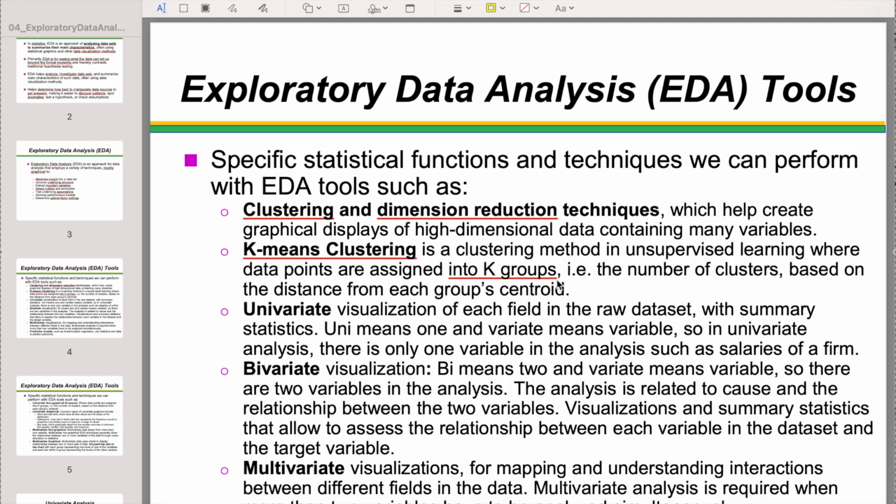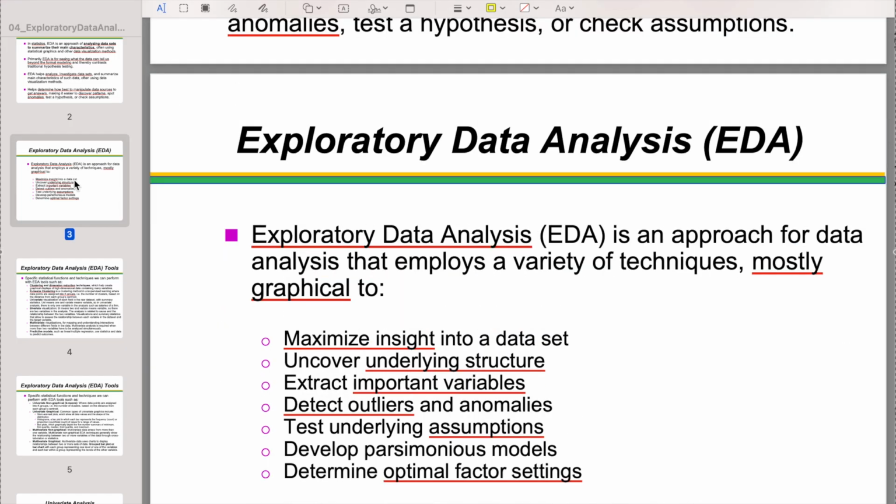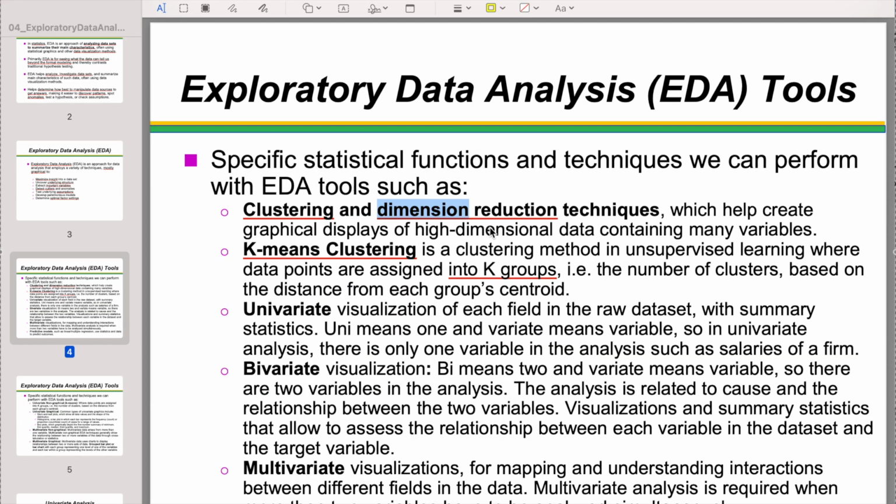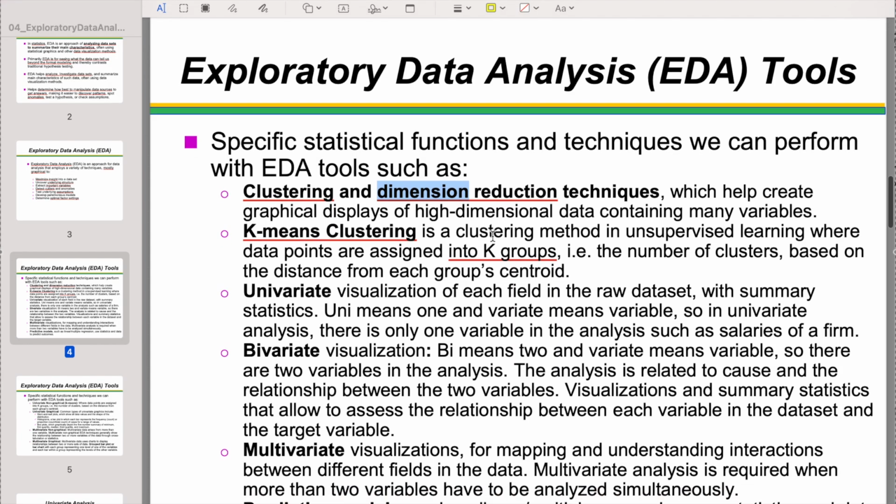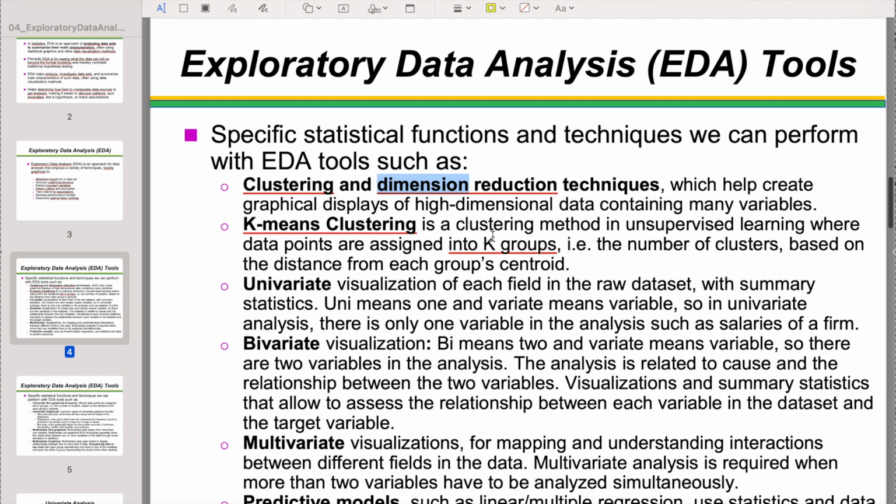Let's say we were talking about medical records of patients. We said there are certain attributes that will help us to determine if these patients have cancer or if they have heart disease.